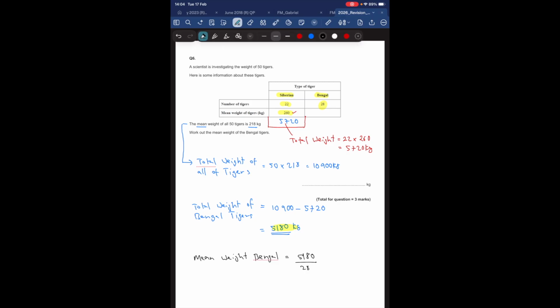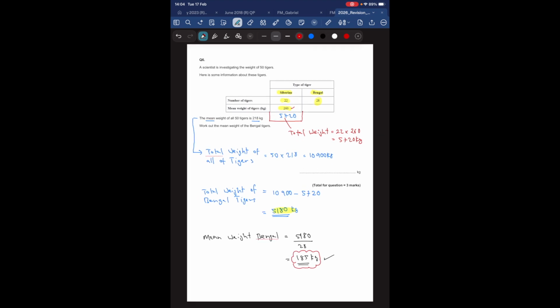And if we do that calculation, 5,180 divided by 28, we will get 185 kilograms. That is going to be the mean weight of those Bengal tigers in our sample.